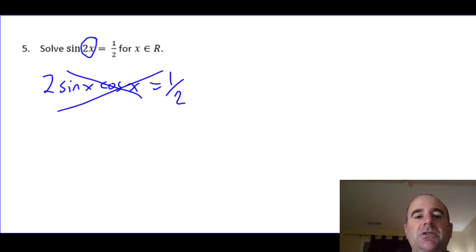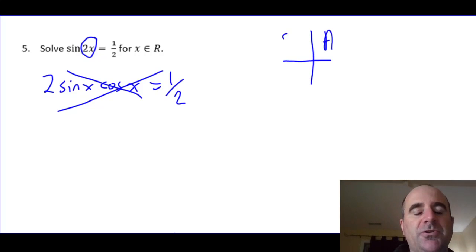What we're actually going to do is solve for 2x just as if it were its own angle, because in a way it is. And if we solve for 2x, then we can worry about what x is afterwards. So we'll solve for sine 2x just as if we're solving for sine x. We're going to draw a picture and think about the CAST rule. Of course, we know that we have to be up in quadrant 1 or quadrant 2 in order for sine to be positive.